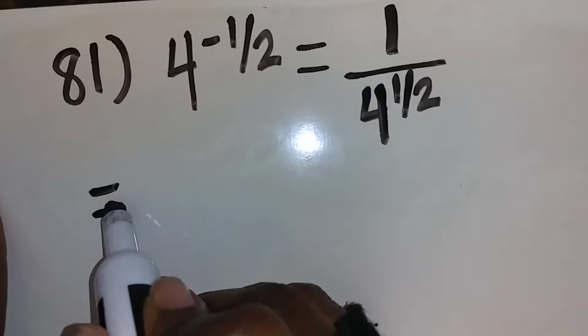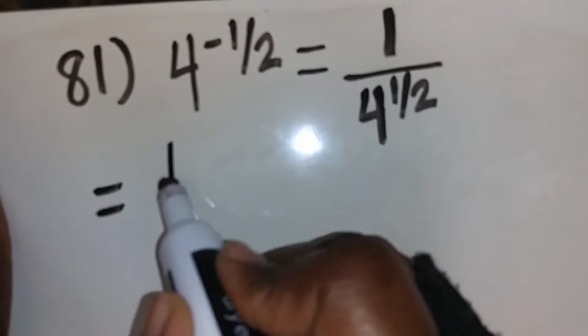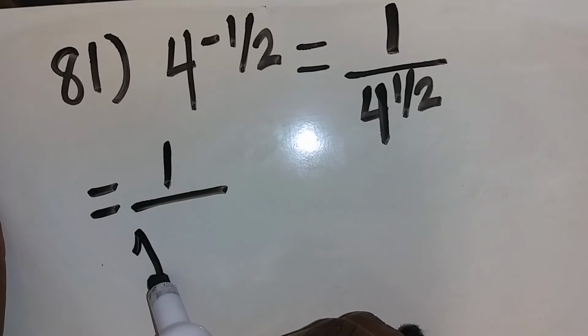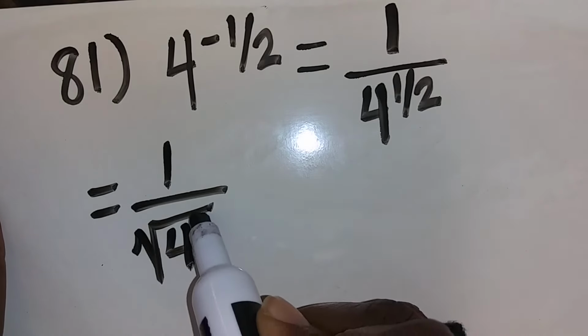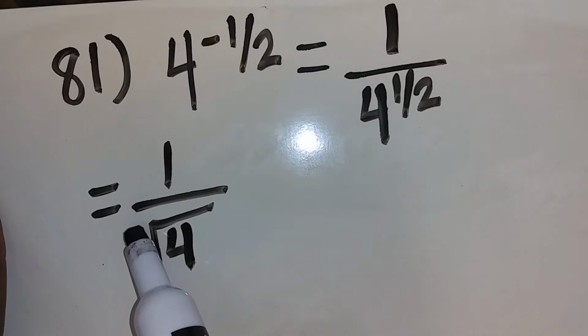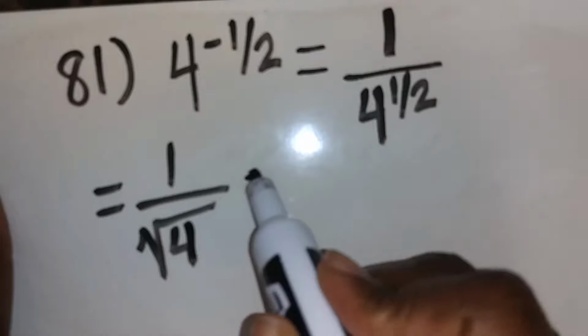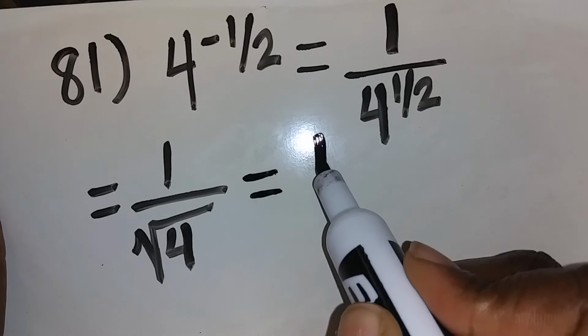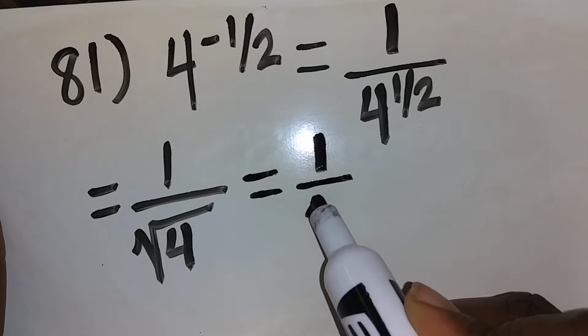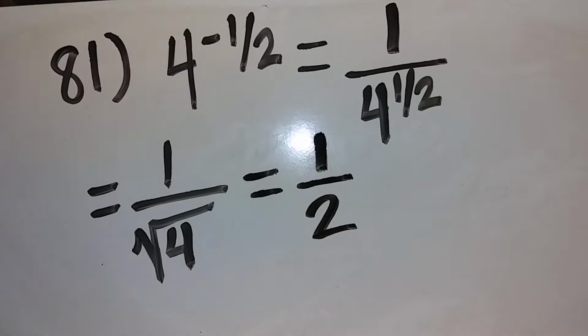Now from there, I want to write it in radical notation, which is 1 over the square root of 4 to the 1 power. So remember, your 2 is in the index and your exponent is understood to be 1. Clean it up from there. So my answer is 1 over the square root of 4, which is 2. And that's my answer for number 81.